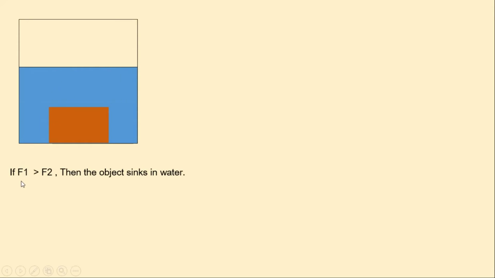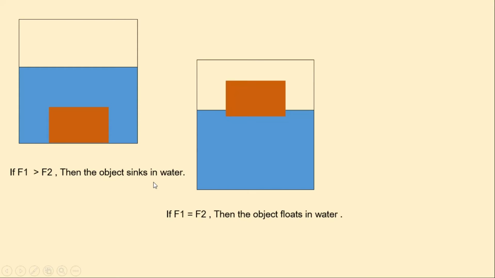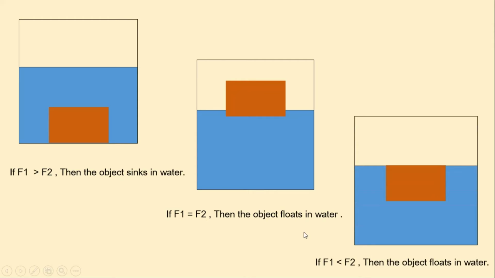If the gravitational force is greater than the buoyant force, the object sinks. If the gravitational force is equal to the buoyant force, the object floats. And if the gravitational force is less than the buoyant force, the object floats. So these are the three conditions.